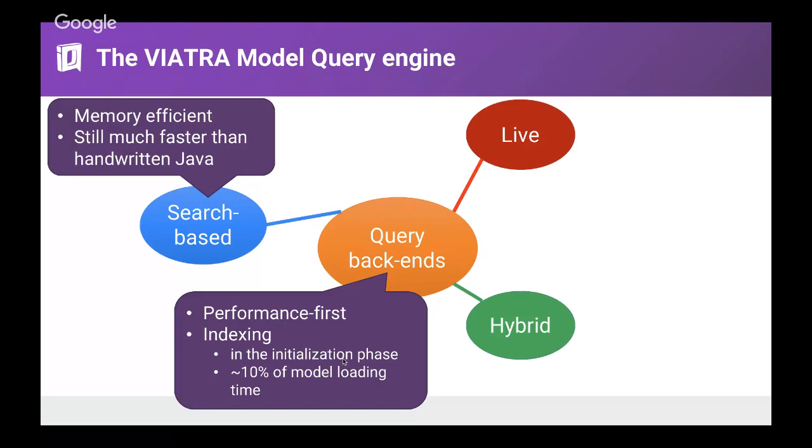This is mostly used in resource constrained environments where the amount of memory that can be allocated to one particular workstation is limited. But it still provides a much faster performance in terms of query evaluation speed when compared to a typical implementation that your programmer would create.